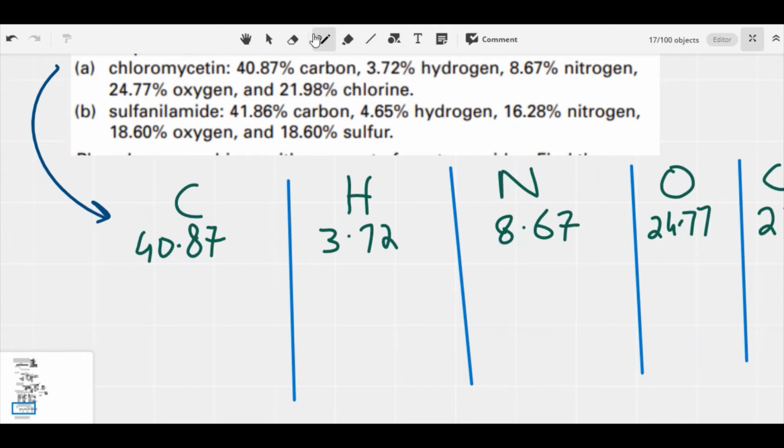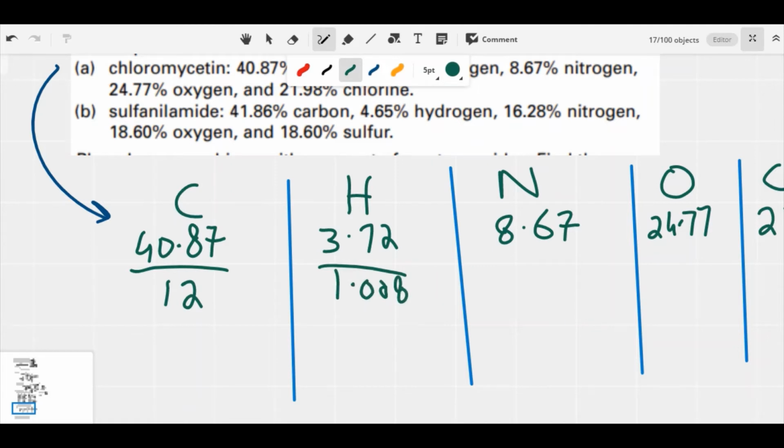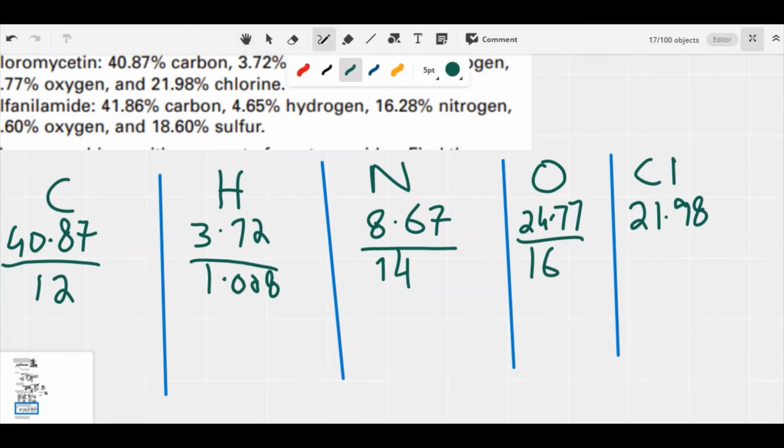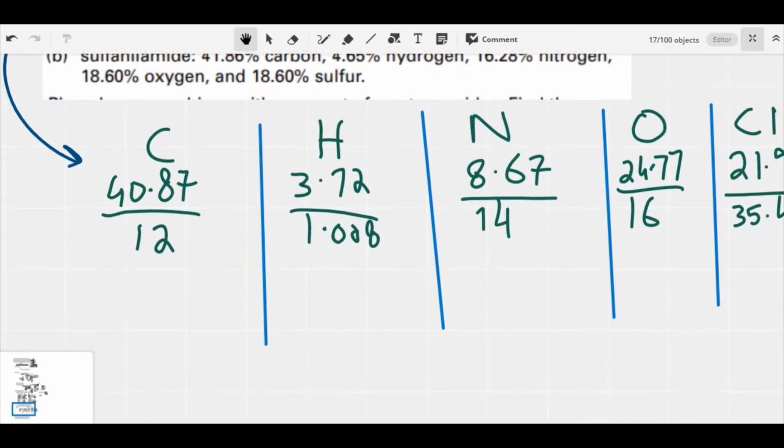For that we use the atomic masses and the formula: mole is equal to mass divided by molar mass. So we divide by 12, 1.008, normally 14 for nitrogen, 16 for oxygen. You can take the exact molar masses, and for chlorine 35.45.